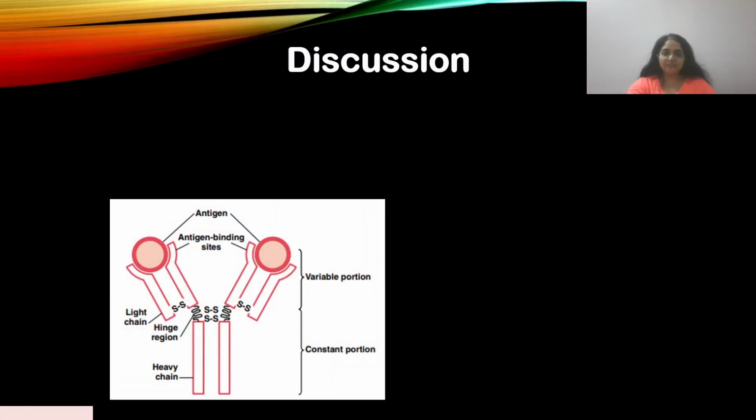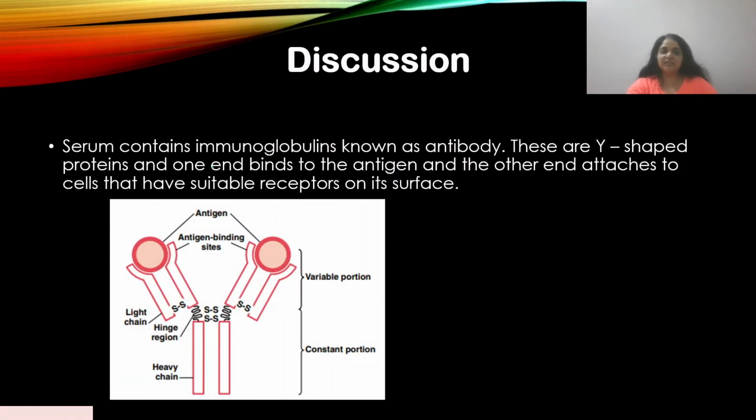Serum contains immunoglobulins known as antibodies. There are different names, but antibodies form a part of plasma proteins, specifically the globulin type of plasma protein.